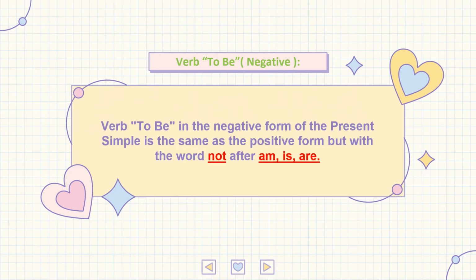Verb to be, negative. Verb to be and the negative form of the present simple is the same as the positive form, but with the word not after am, is, and are.